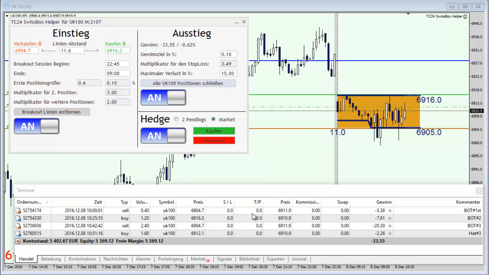So even though the market is still moving, our profit is locked, or in this case our loss is locked at 33.55 euro on my account. I'll be back with the reopening of that hedge later on. See you then.